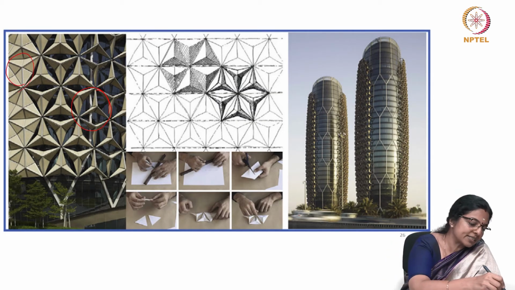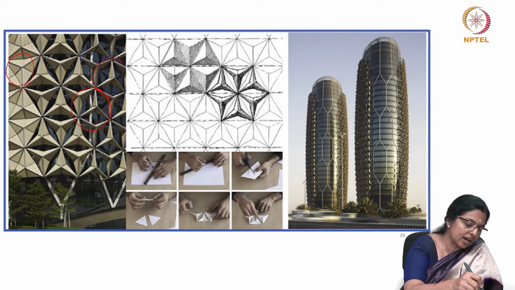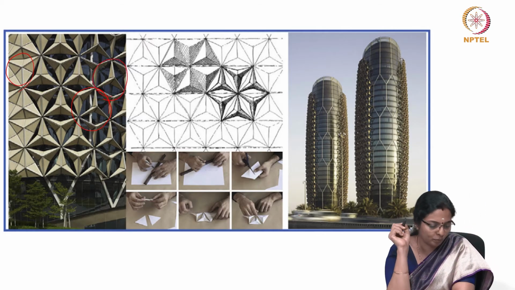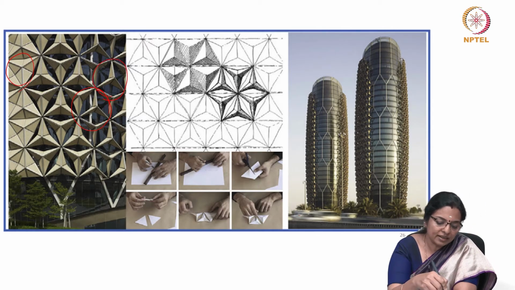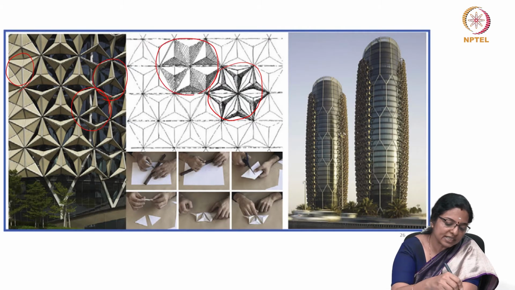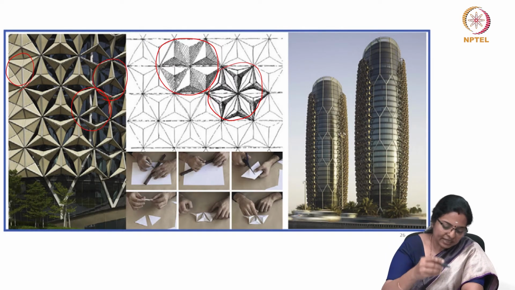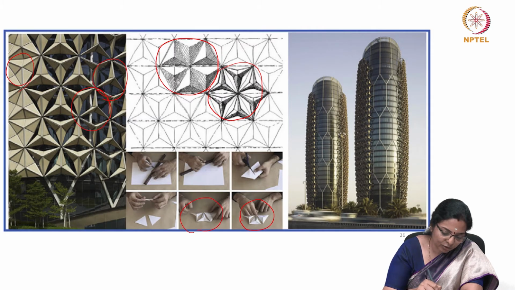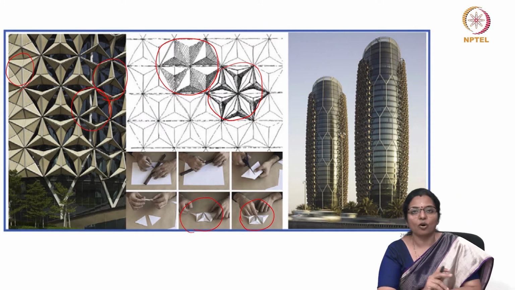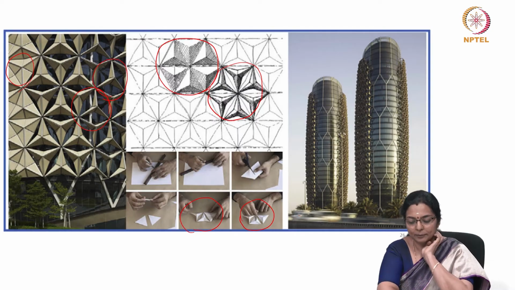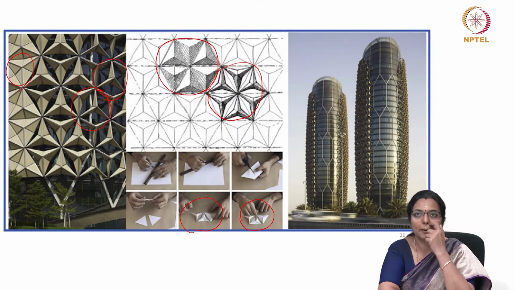You can see what happens when it is closed, and you can see how it looks when it is open. So when the umbrella type of system is open, it looks like this. When it is closed, it begins to look like this. And you can see that this is more done through origami. It is sort of an origami inspired or paper cutting inspired outer facade.